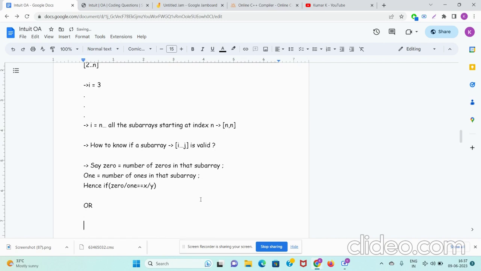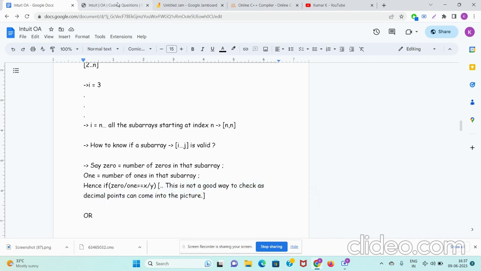Now this is not a good way to check, as decimal points can come into the picture.